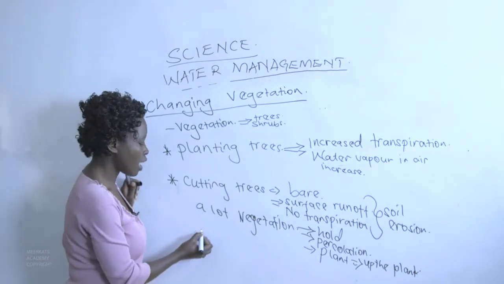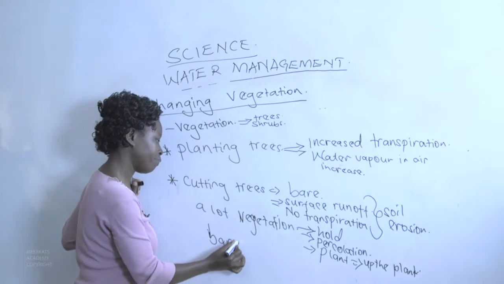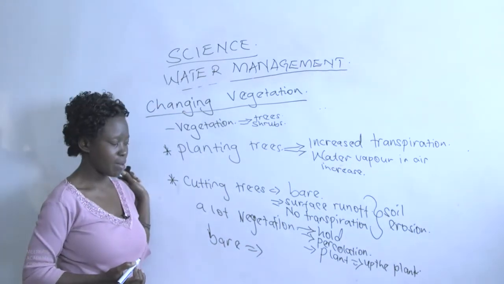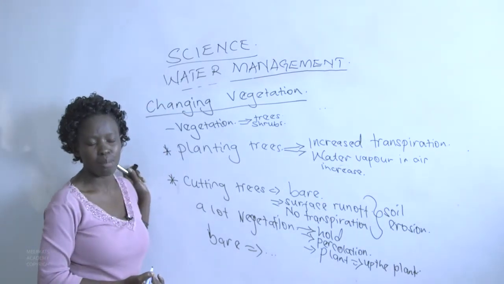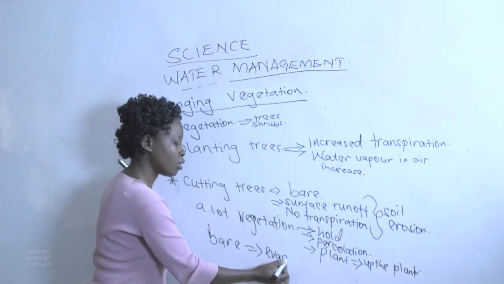But where there is rare vegetation or the land is bare, where we have no vegetation, then even the little moisture that is available in the soil is exposed to a lot of evaporation.